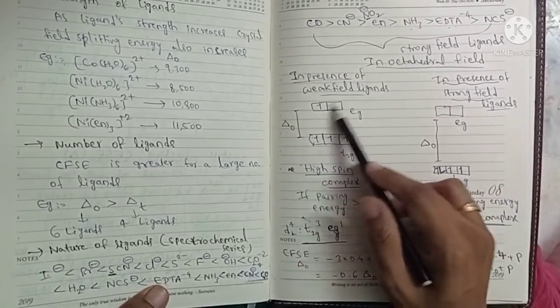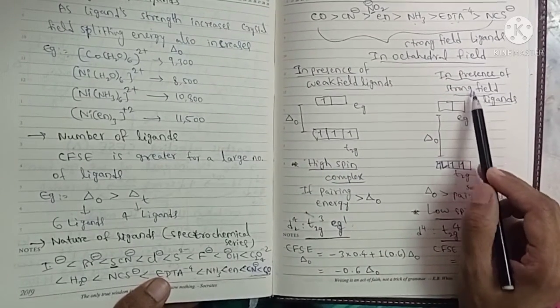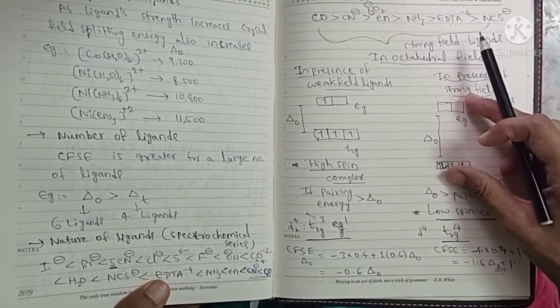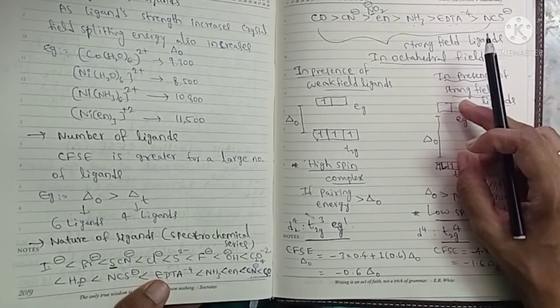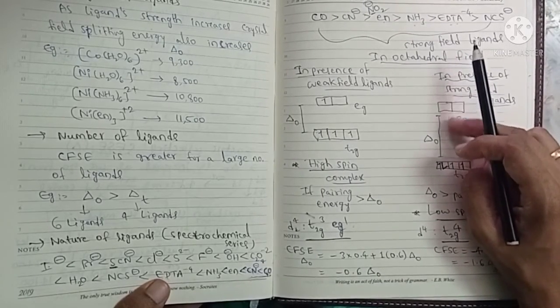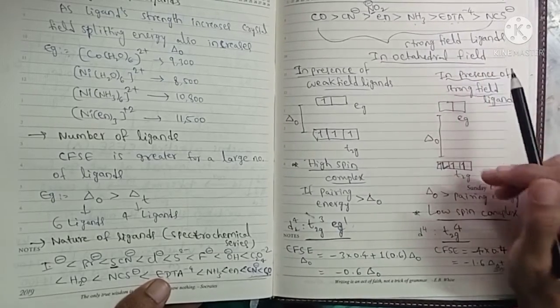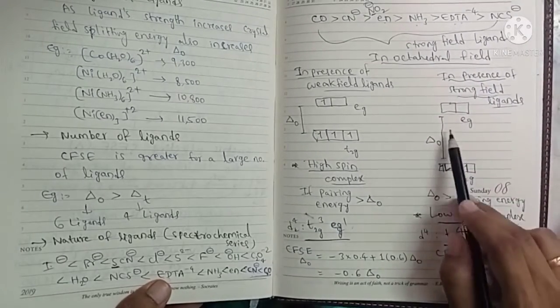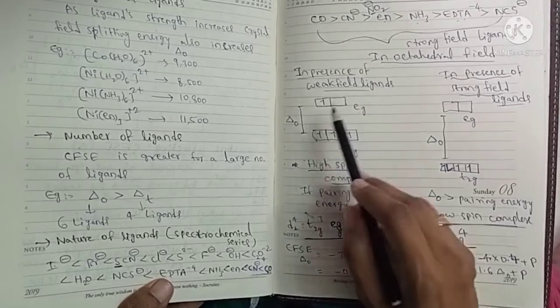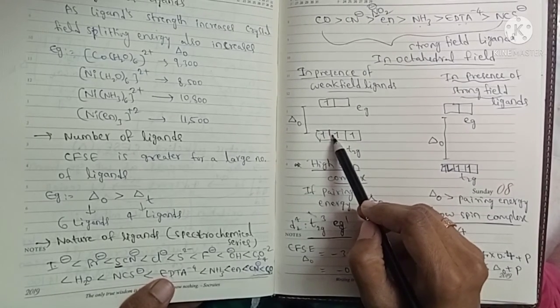In presence of strong field ligands the splitting will be more, meaning more strength means more repulsions. More repulsions means the Eg level faces more repulsion and goes to a higher energy side.